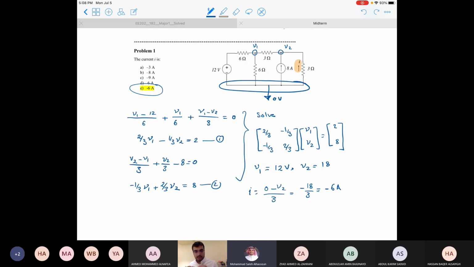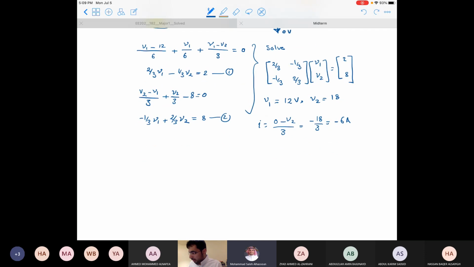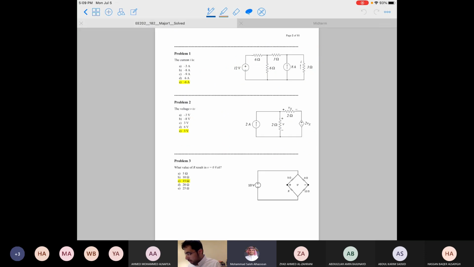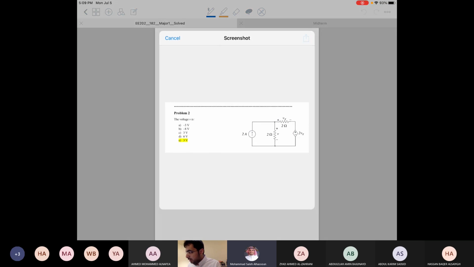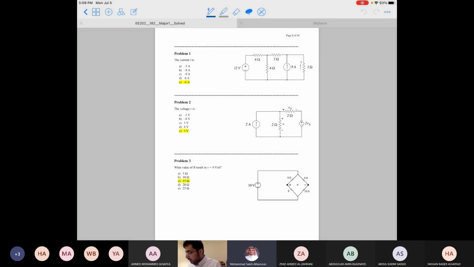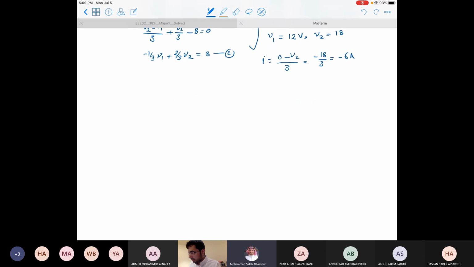I'm just giving you extra problems to solve, but if you solve all of these problems, you should be good when you do the midterm. Okay, let's move on to this part, and let's think about what we can do with this circuit.